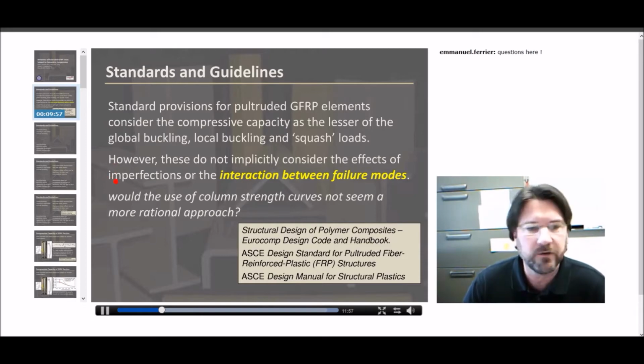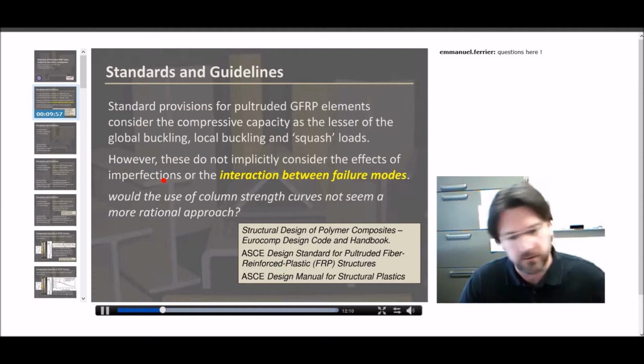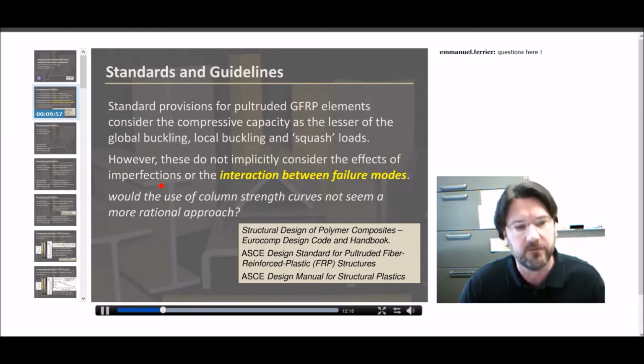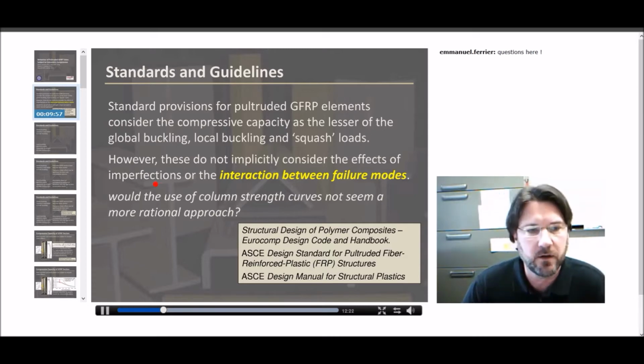We also need to talk about imperfections. When designing steel columns, the empirical equations and the slenderness limits we use include these imperfections based on standard tolerances that we're all comfortable with. In the pultruded FRP world, we don't yet have a very good handle on what all of these tolerances are.